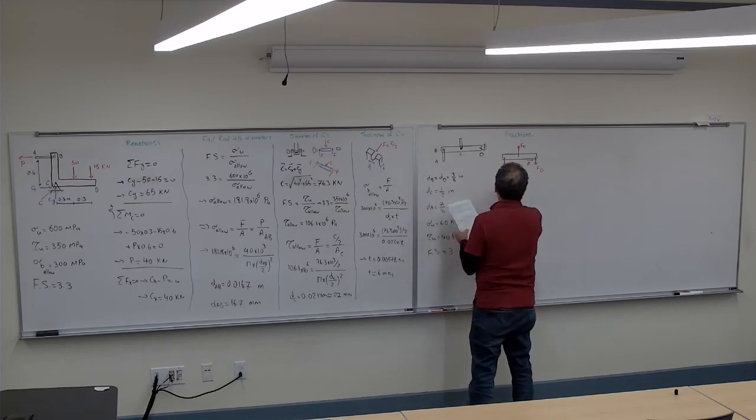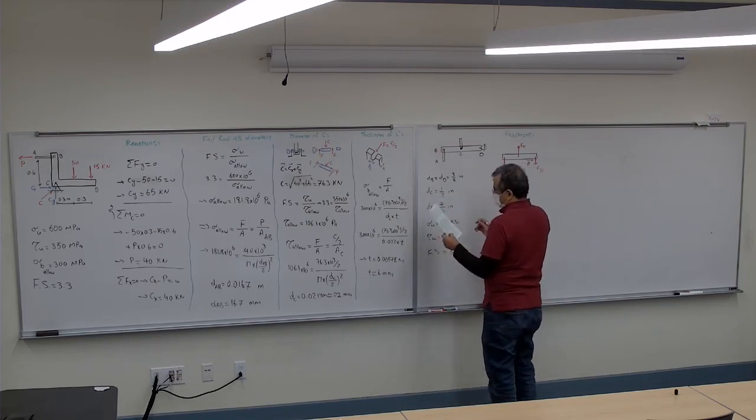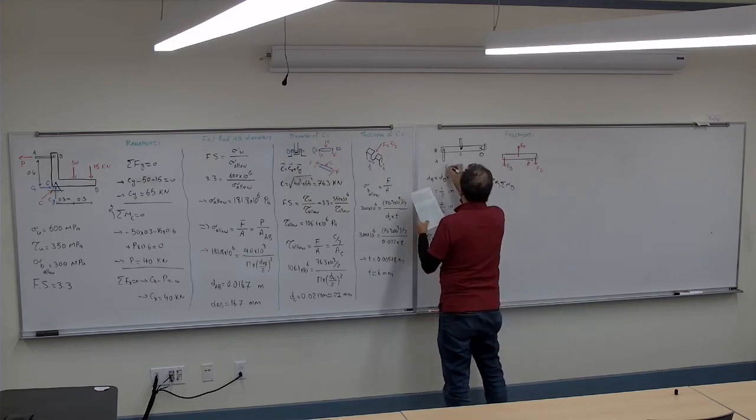So if I write the sigma M about point D is 0, that is 6 inch, that's 8.